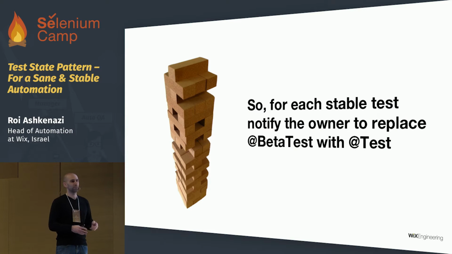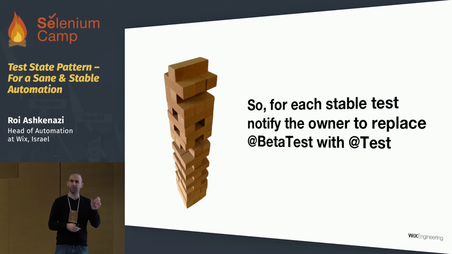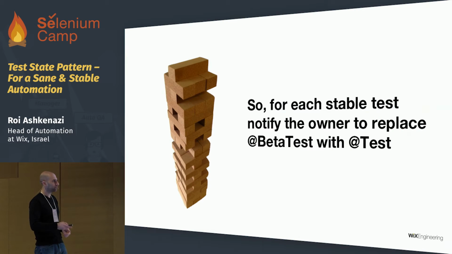And we need to somehow change this annotation. But the annotation is inside the code. So we need to tell the owner, if you remember, we have this field in the annotation. We need to tell him to update the code: just change the annotation, commit, push.